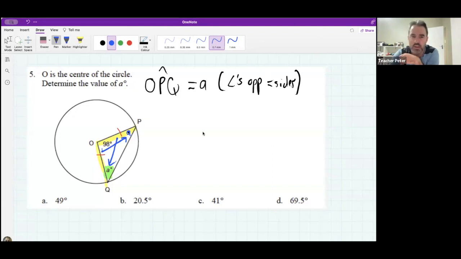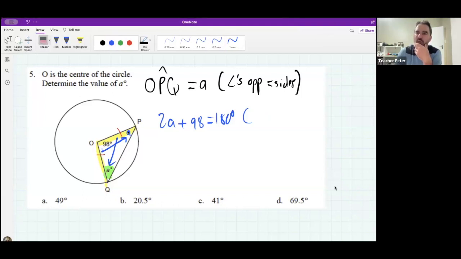Sorry, guys. So now, what you know is that 2A plus 98 is 180 degrees. And again, in geometry, whenever we make a claim, the reason is: sum of angles in a triangle. We don't have to worry too much about reasons today because it's day one.